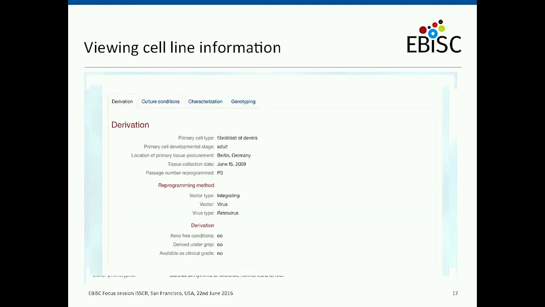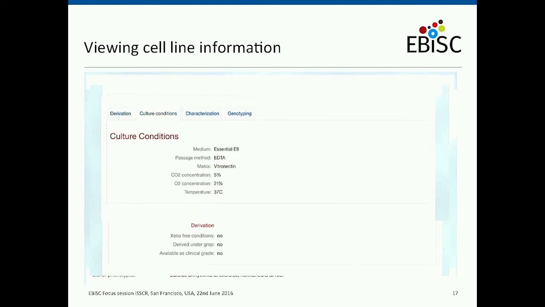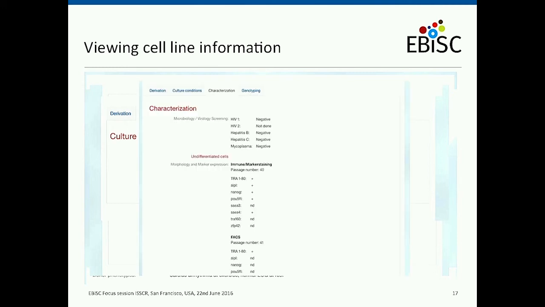And then finally, at the bottom of the page, there is a series of tabs that give more detailed information about the derivation and culture conditions of the line. These are in tabs because at a certain point, the page just gets too long and you wouldn't be able to get to and from, but the different tabs are the derivation techniques. This was an integrating retrovirus, the culture conditions, in this instance E8, any characterization, virology screening, other sterility information, immunomarkers, and all of this.